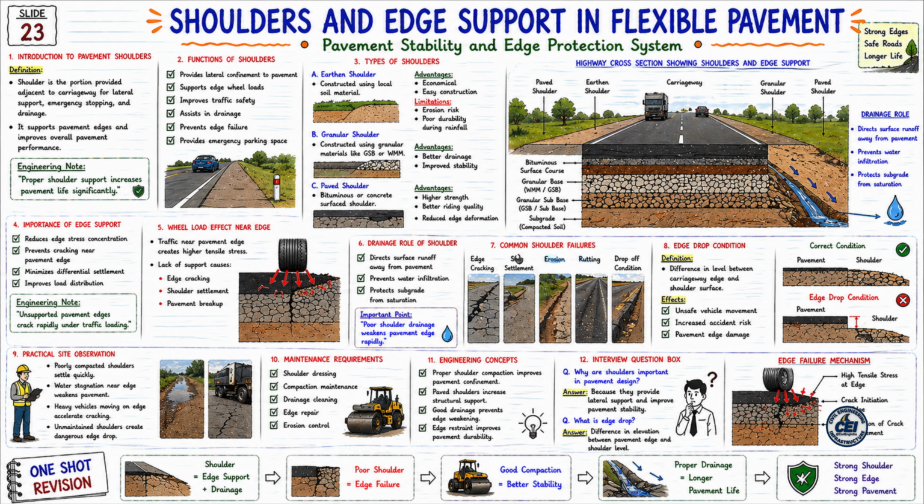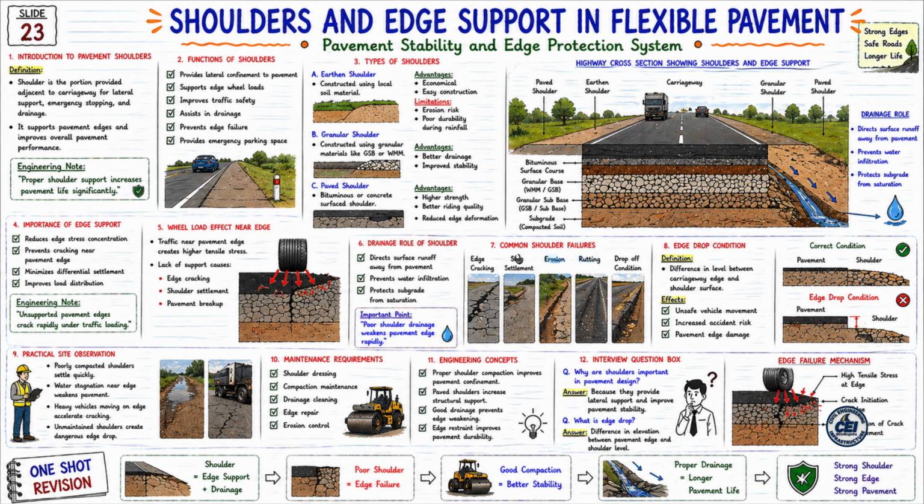And that is shoulder and edge support. If the shoulder is not proper, even strong pavement can start failing from the edge. And this entire concept is explained in detail in this slide. So let us understand the entire slide step by step.